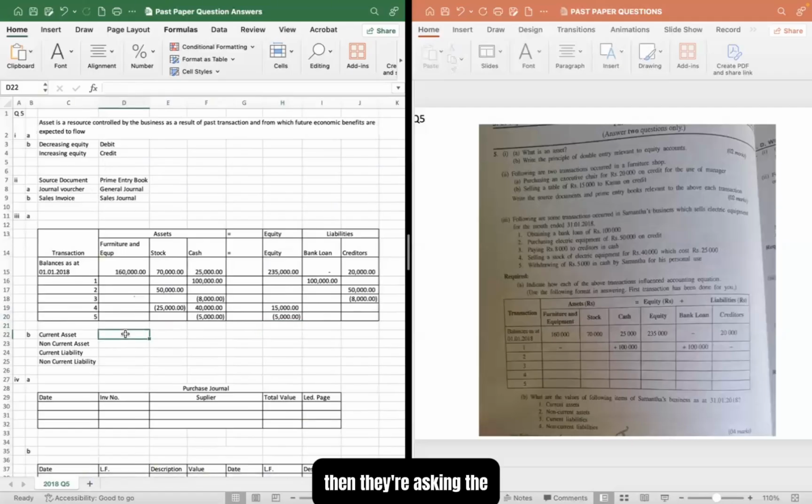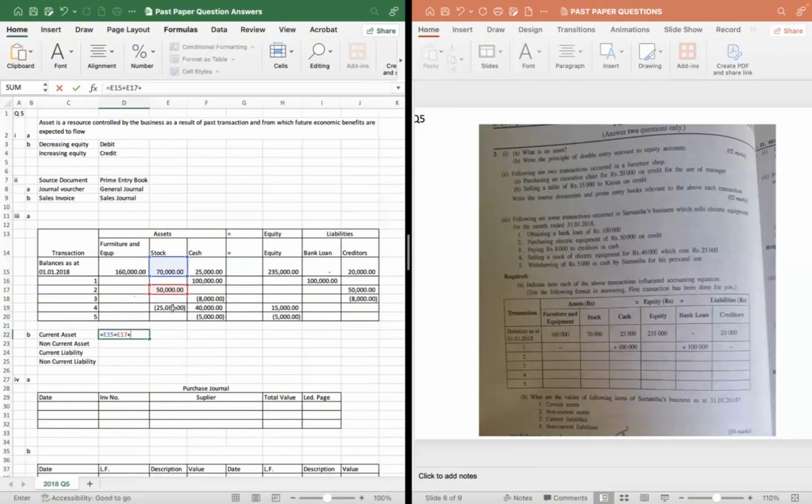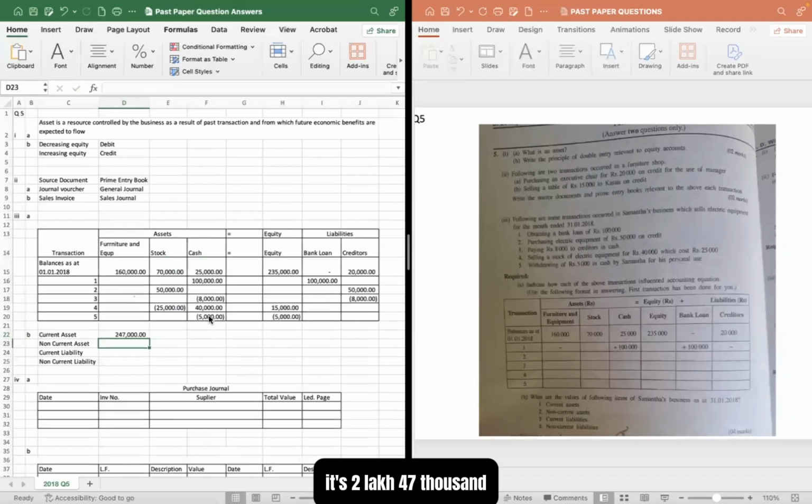Then they're asking the value of the following items of Samantha's business as at 31st January 2018. They're asking about the current assets. So what are the current assets here? They're the stock and the cash. So let's add them all and see. It's 2,47,000.